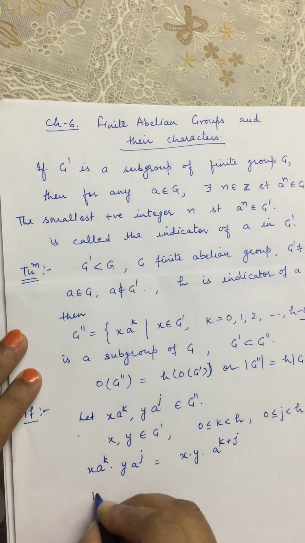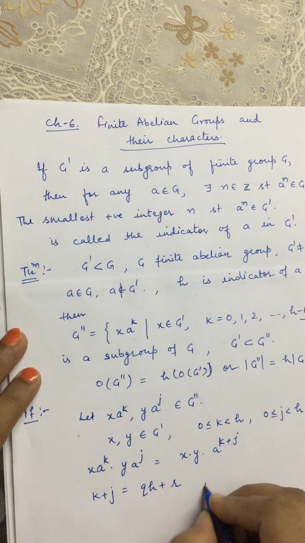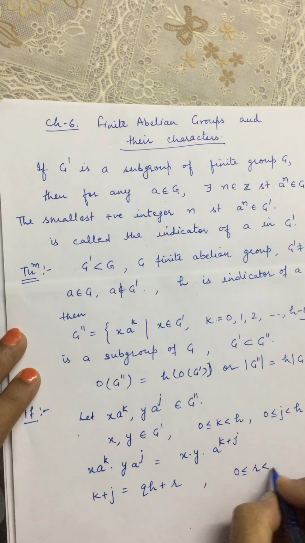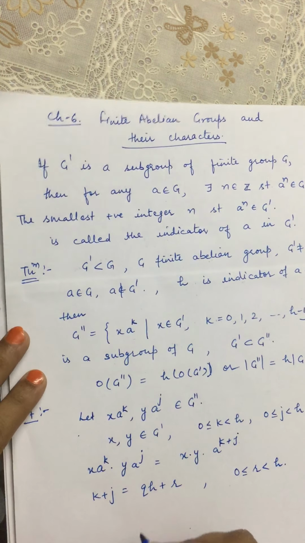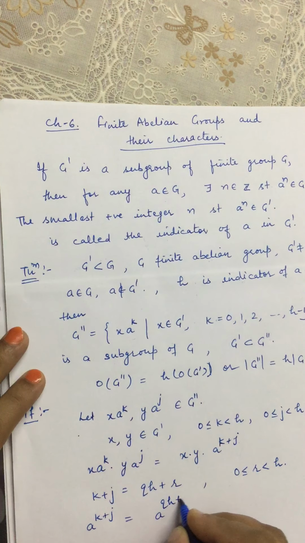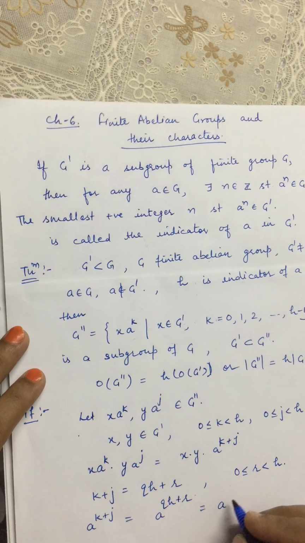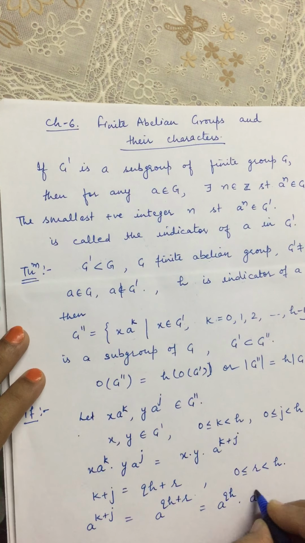So k plus j can be written as qh plus r, where r is strictly less than h. So a raised to k plus j can be written as a raised to qh plus r, which means a raised to qh into a raised to r.